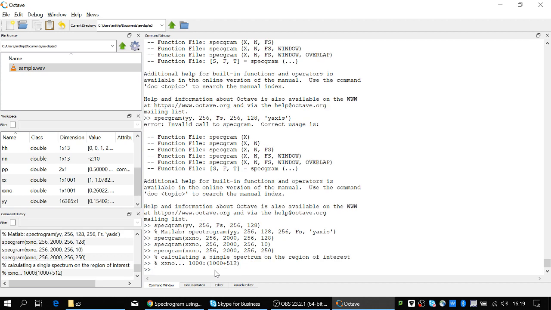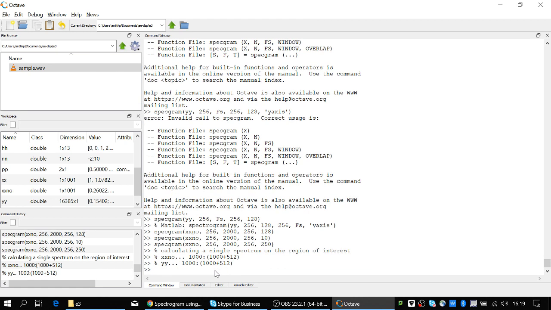There we go. So with the 512, wait a minute, not XXNO, Y. I don't have that many points on the XXNO. Y. Okay, that has lots of values at 16,000 samples.